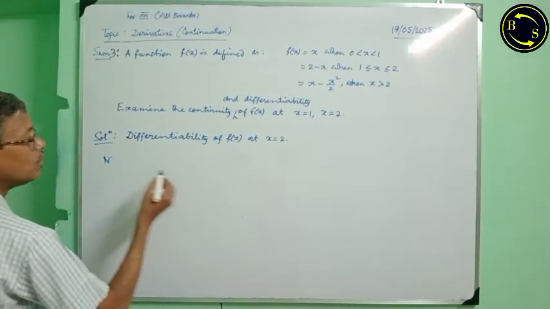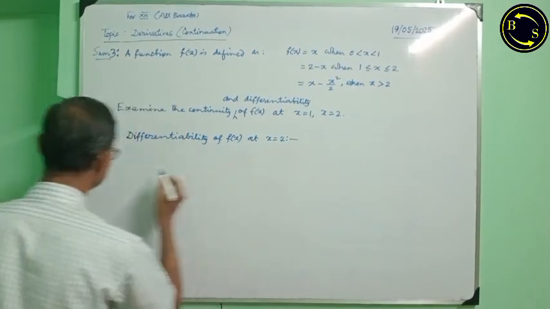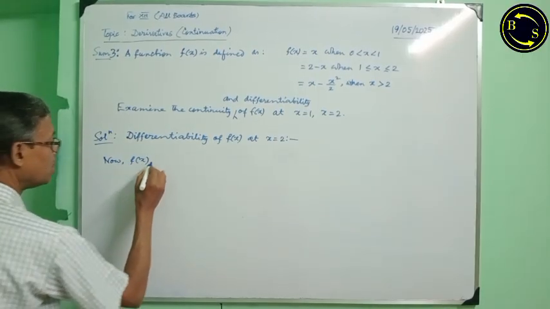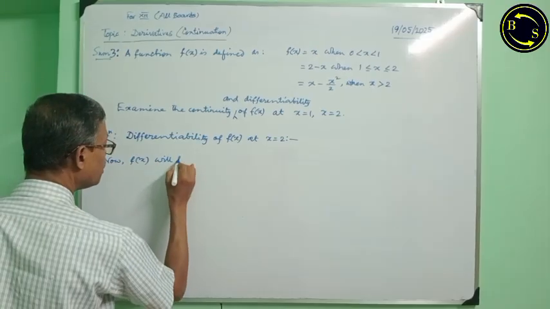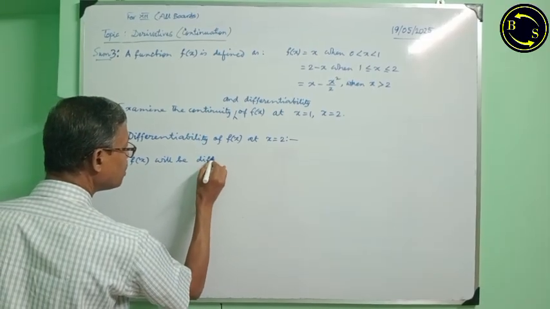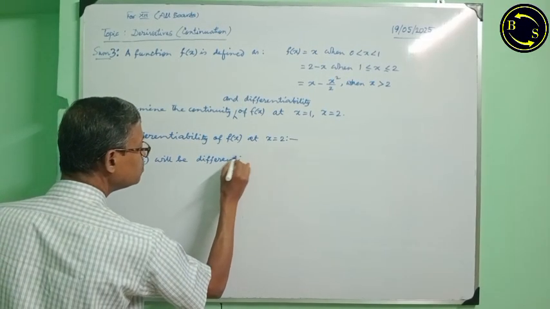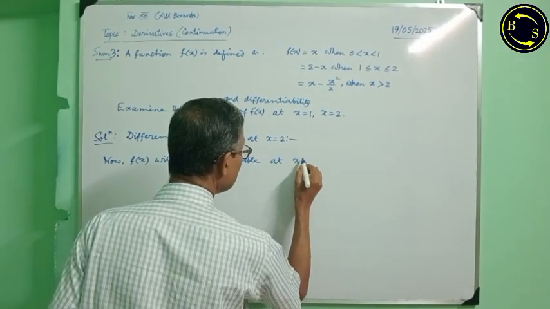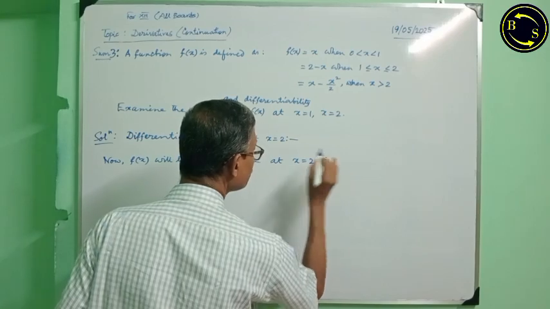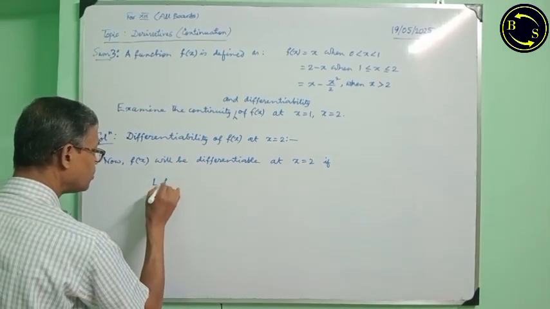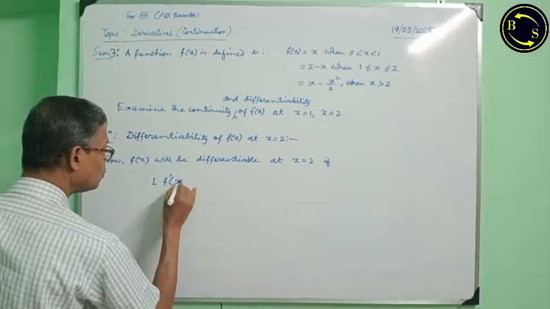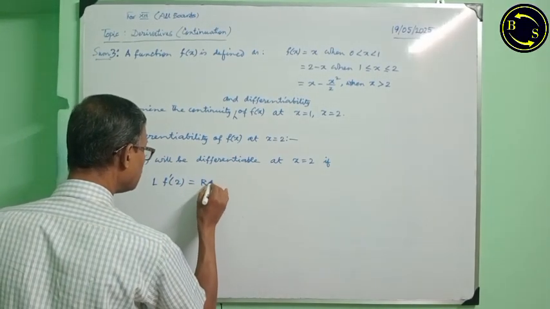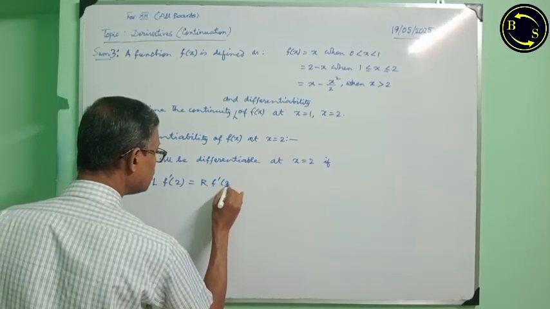Now I am discussing this one. f(x) will be differentiable at x equal to 2 if L f dash 2 is equal to R f dash 2.